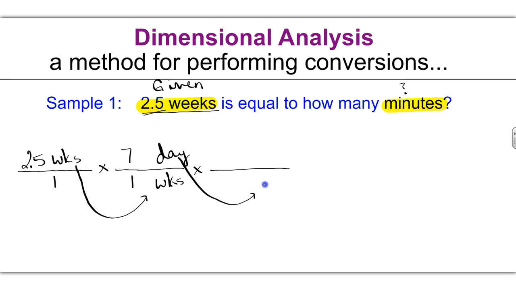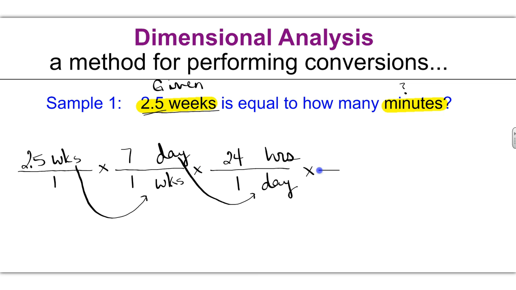So I'm going to take days and bring it down. I'm going to now use a conversion factor from days to hours because I know that in 1 day there are 24 hours. Days will cancel because you have days divided by days.